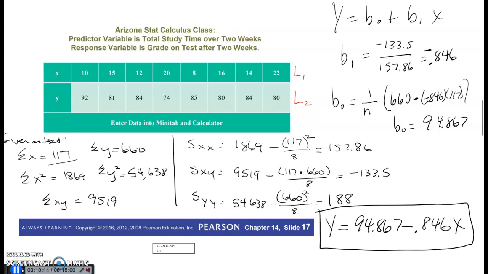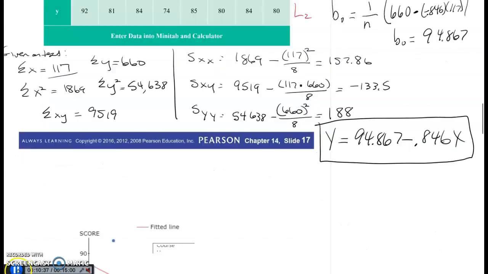You can also use StatCrunch when you're doing the problems in MATLAB. If you click Stat, Regression, and then choose Simple, you just select the column that your X values are in, select the column that your Y values are in, and you'll get a printout with a lot of this information on it.